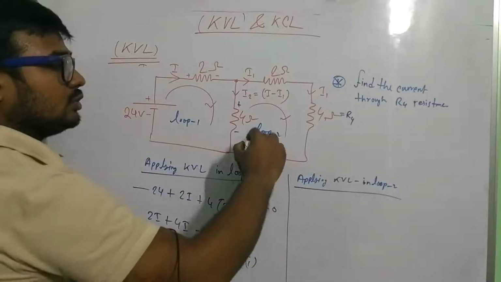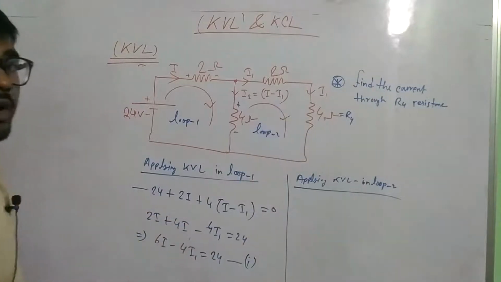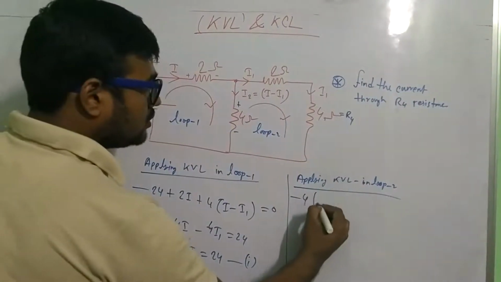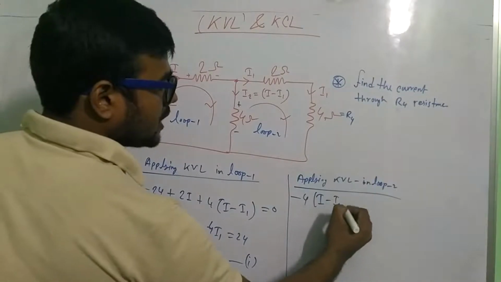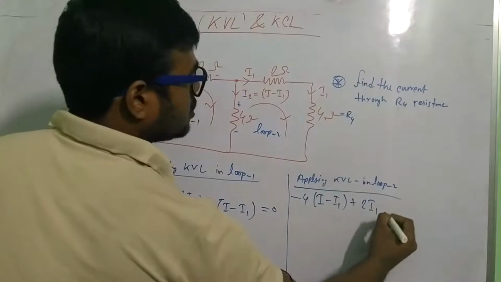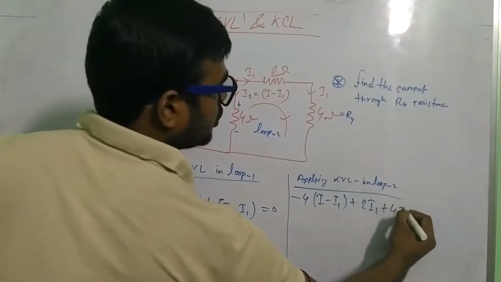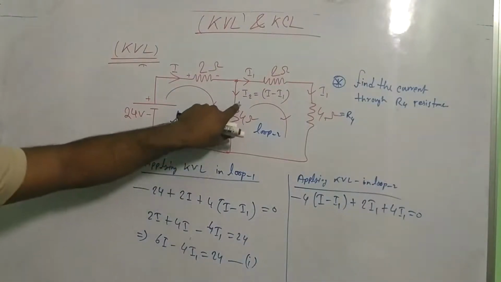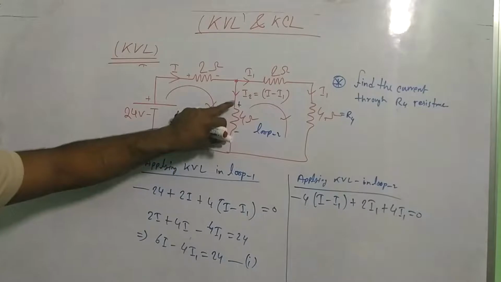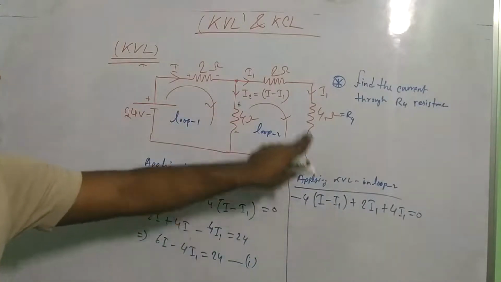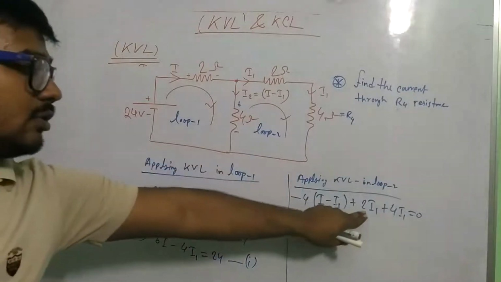If I go in the clockwise direction, the first term is minus 4 into (I minus I1). Now 2 into I1 plus 4 into I1 equals 0. So across this resistance I am taking the voltage drop.